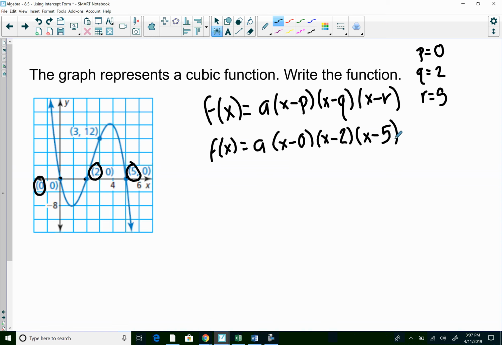Okay. Now, I'm just going to take a second and I'm going to simplify because the math person in me just likes to see that as x instead of x minus 0.